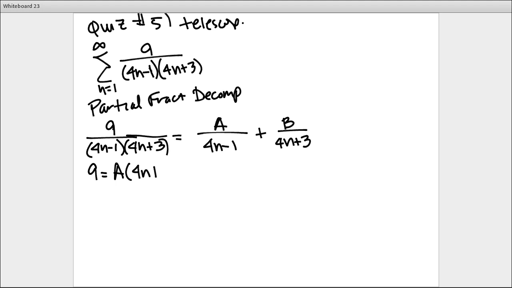Multiply both sides of the equation by the common denominator. You'll be left with 9 equals A times 4n plus 3 plus B times 4n minus 1.